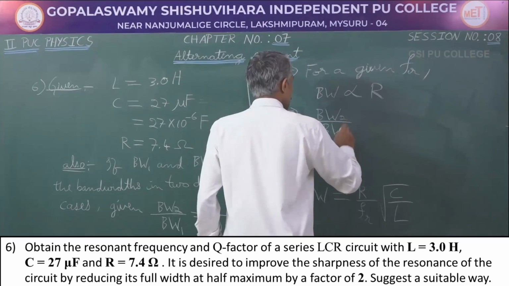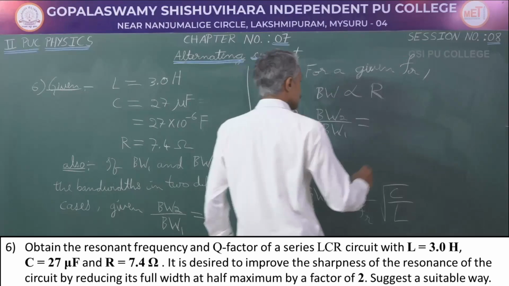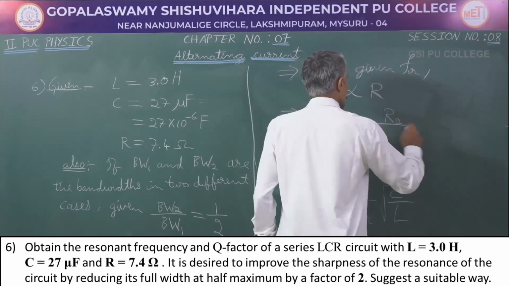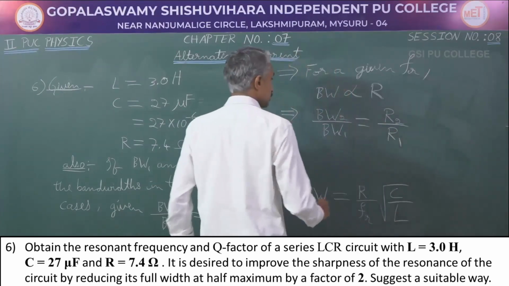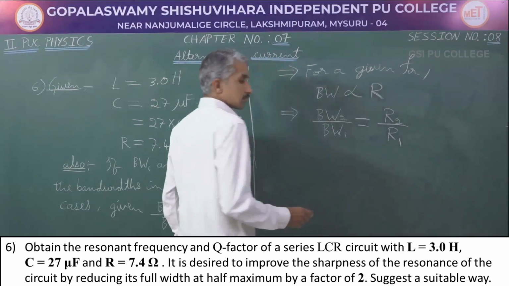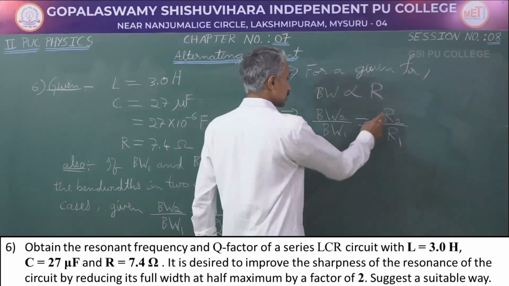The bandwidth in the second case by the bandwidth in the first case is going to be equal to R2 by R1. So if you want to change the bandwidth, you have to change the resistance.